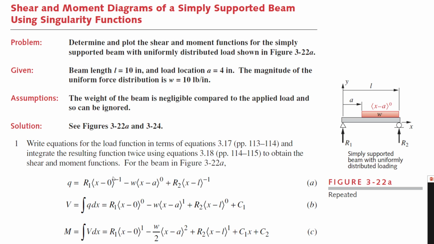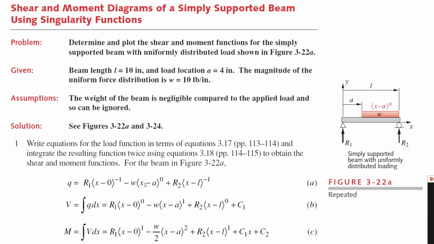So this is your unit pulse function. Here a is 0 because that's where it acts. It acts at 0, so we do x minus 0. So this is equal to 1 when x is equal to 0, which means that it's R1, and it's 0 elsewhere. Over here we have this distributed load W, multiplied by x minus a.